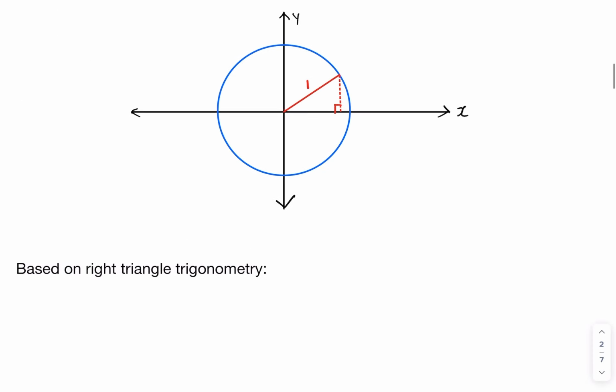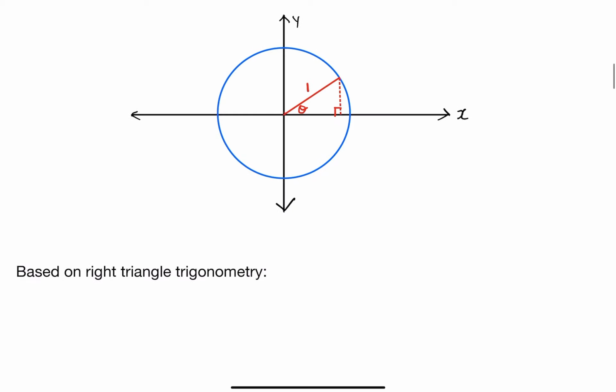If we take a look at the right triangle trigonometry, let's go ahead and call this angle theta, okay? Now, as you recall, we learned this from the previous lesson. The sine of theta is the opposite side over the hypotenuse.